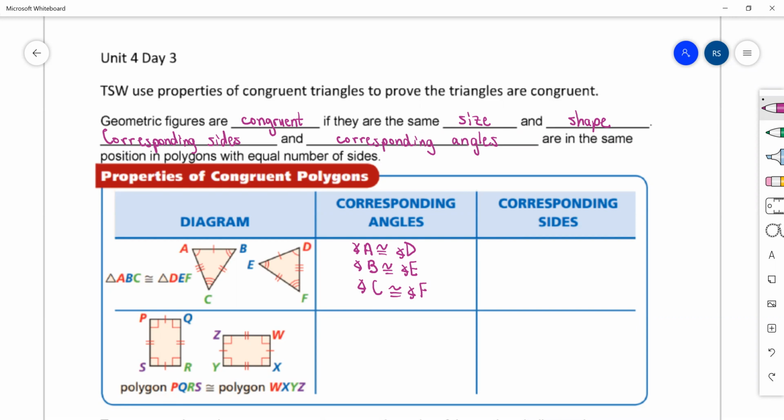Then we have the corresponding sides. Again, the letters have to go in a certain order. So I'm going to name the first one, AB. So on my first triangle, I'm going from A to B, 2 marks to 1 mark, or red to blue.